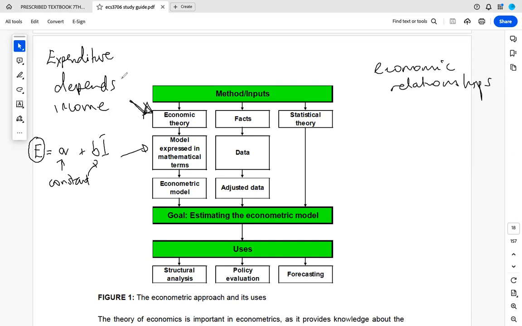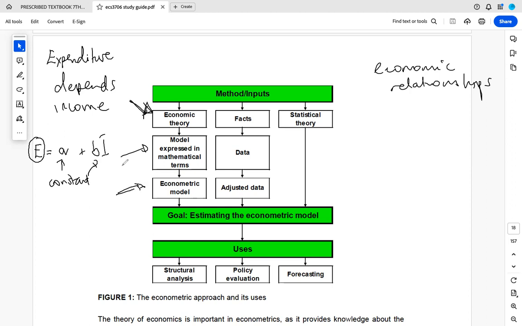So we start with an economic theory, then we come up with a mathematical model to try to explain that economic theory, right? And then after doing that, we come up with a mathematical expression.